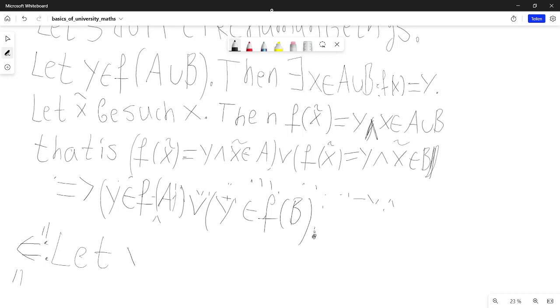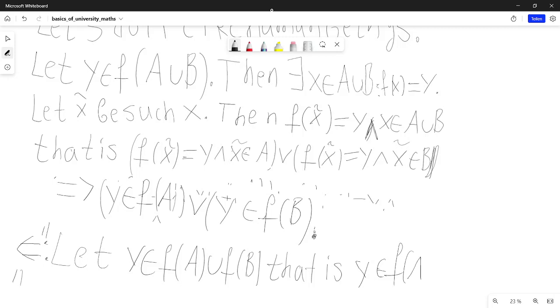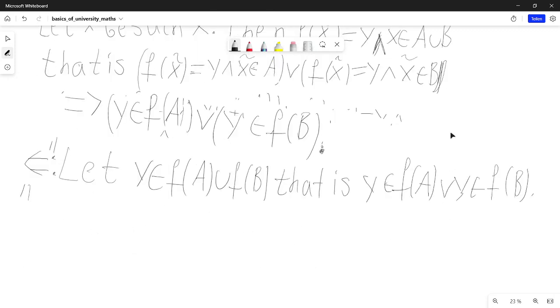Let y be an element of f of A union B, that is exactly y element of f of A or y element of f of B. Right.